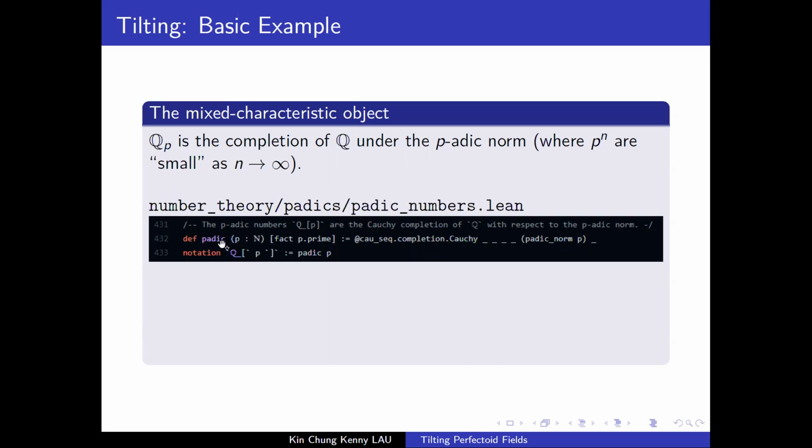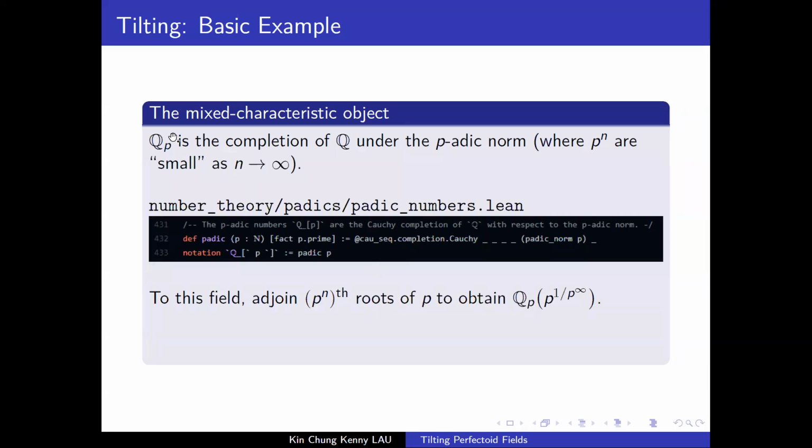We have this p-adic thing in Number Theory/PadicNumbers.lean. The p-adic numbers are defined to be the completion of Q under the p-adic norm specified by p. Obviously it takes p as a parameter because Q_p depends on p, and we also have this notation Q_[p] inside mathlib. So this is inside mathlib already.